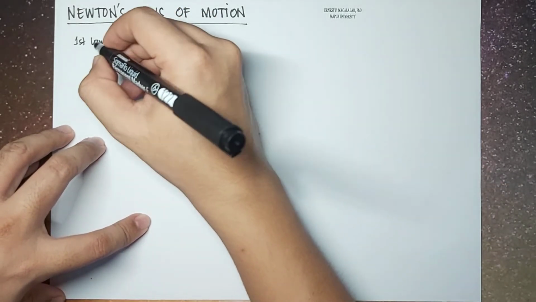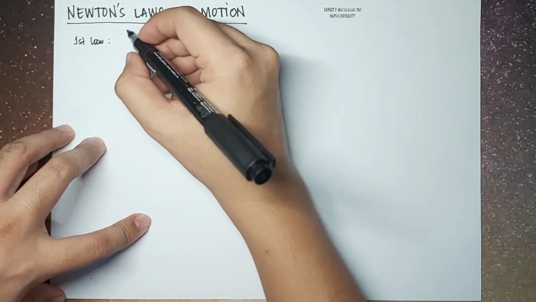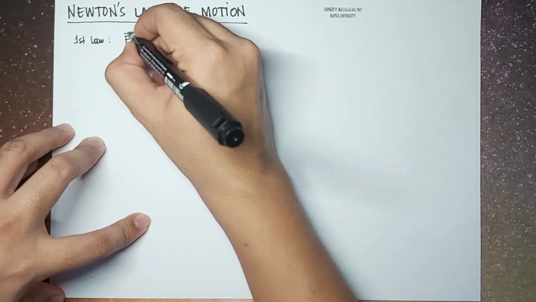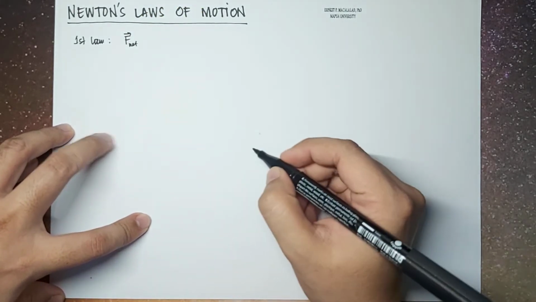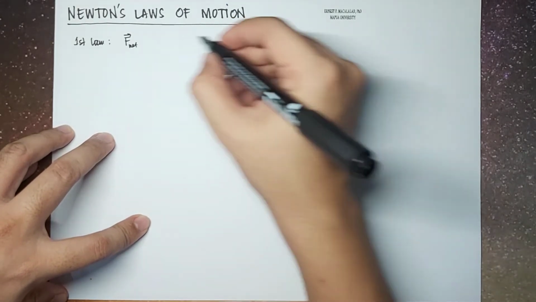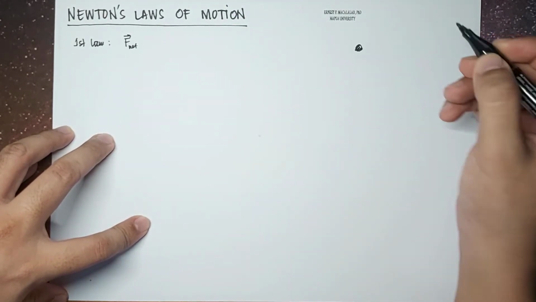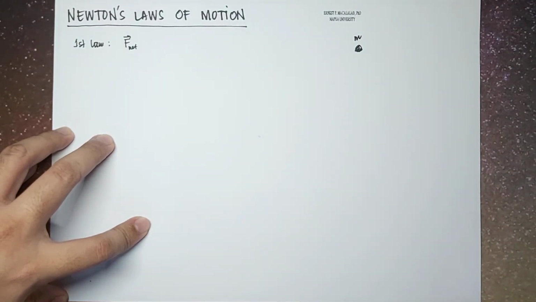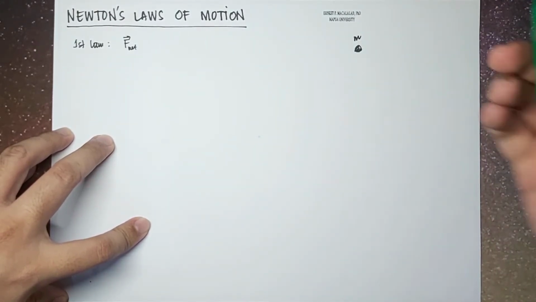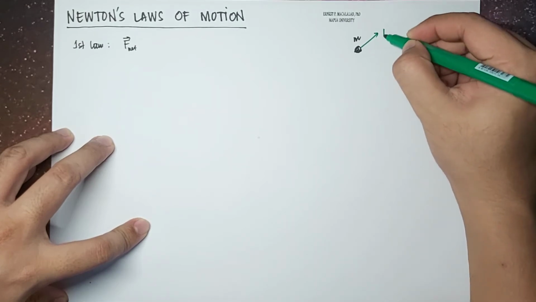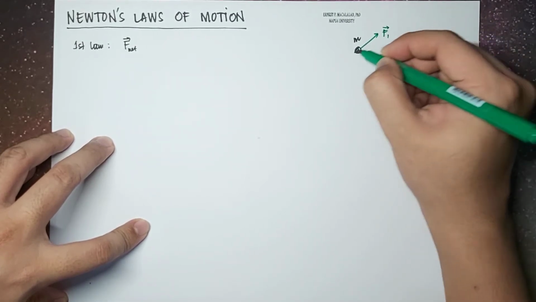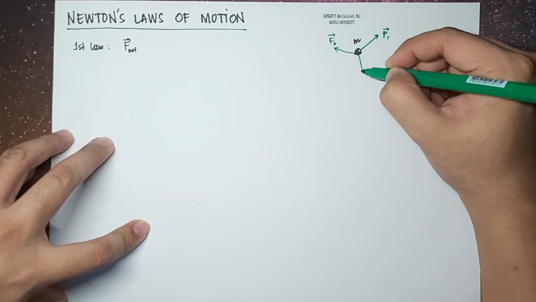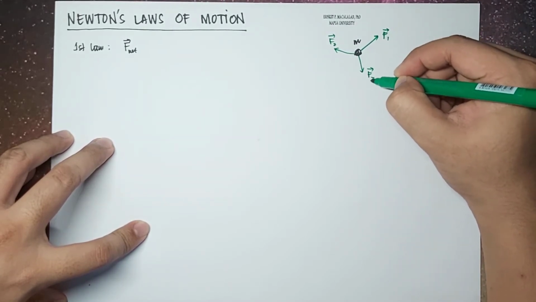In equation form, Newton's first law of motion states that the net force acting on a particle, so let's say you have a particle of mass m and there are, let's say, 1, 2, and 3 forces.